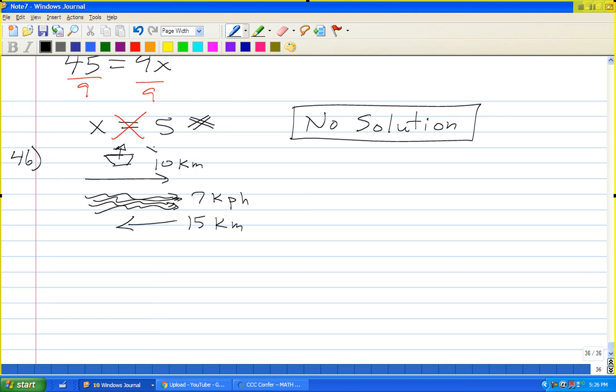So let's say R kilometers per hour in still water. And we have that these are equal time. So same time to go upstream and downstream.